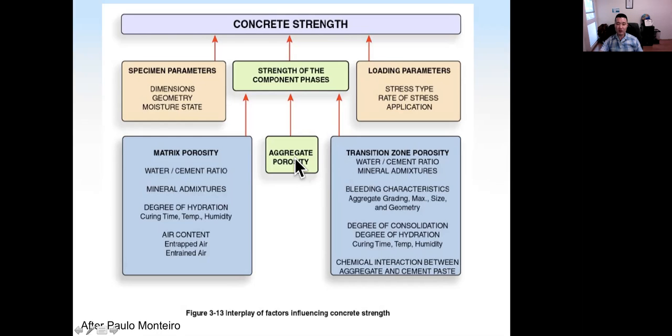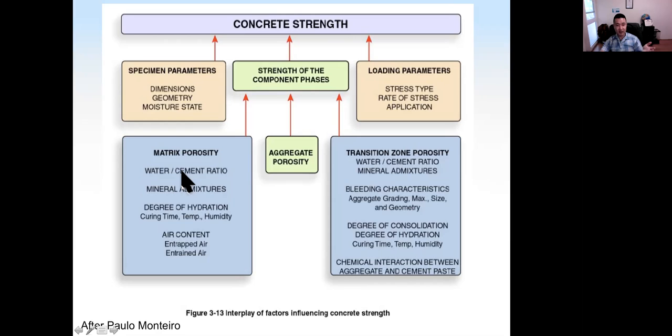Aggregate properties: porosity, size, shape. Loading parameters: stress type, meaning compression, tension, flexure. Rate of stress, how fast you apply the load, is also important. We're going to discuss that in a future lecture.